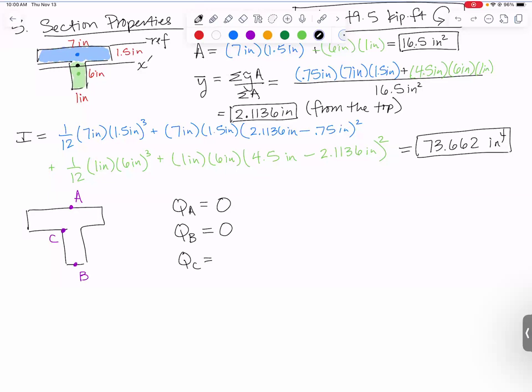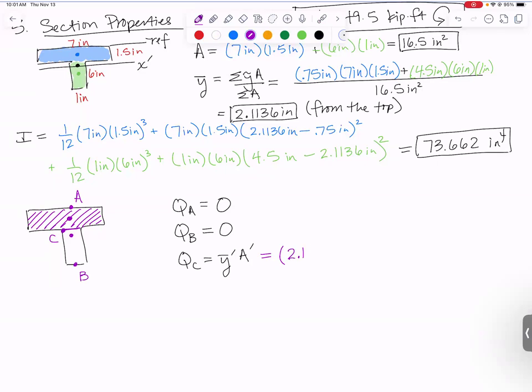The equation is y bar prime A prime. Let's shade in our area. So we're going to draw a line through C, shade everything either above or below. Y bar prime is the distance between the centroid of that shape and the centroid of the whole shape. Oh, we already kind of did that math up above. That's going to be this thing right here. 2.1136 is the centroid of the whole shape. The centroid of A prime is at 0.75 inches.